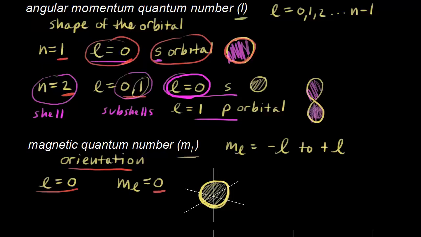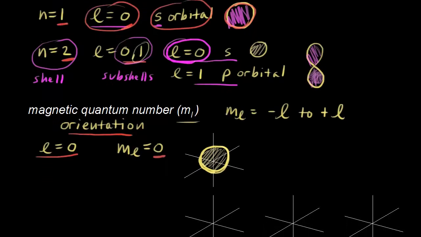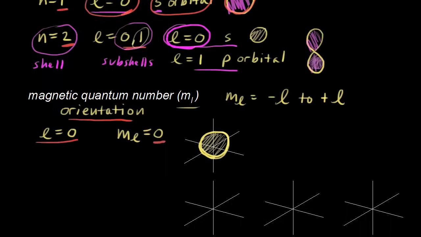All right, let's do the same thing for L is equal to 1. If L is equal to 1, what are the allowed values for the magnetic quantum number?